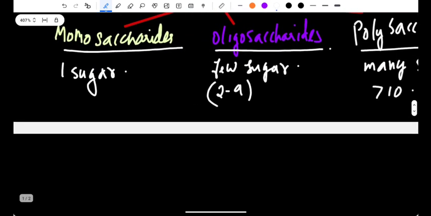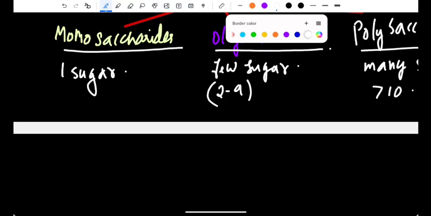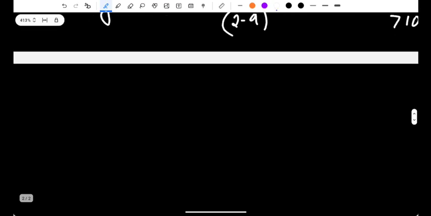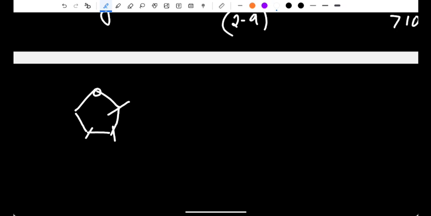Now, in the case of monosaccharide, if you draw one sugar, let us draw the pentose sugar. Which one is a pentose sugar? Ribose. Ribose is a pentose sugar, right? Here, how many carbons? 1, 2, 3, 4 and 5.